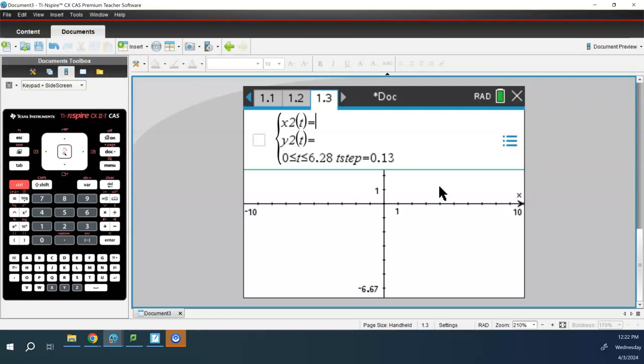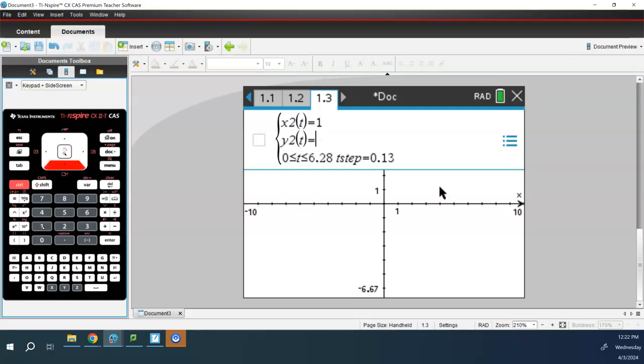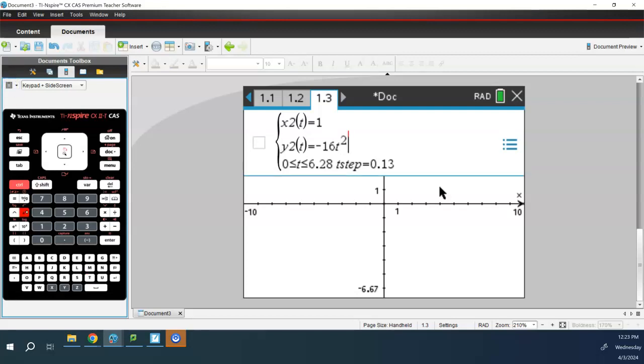I heard 1 first. My x position is going to be 1. Done. My y is going to be that height, negative 16. Now, because I'm in a function of t's, I got to switch back to t's, t squared, plus 50t, plus 30.